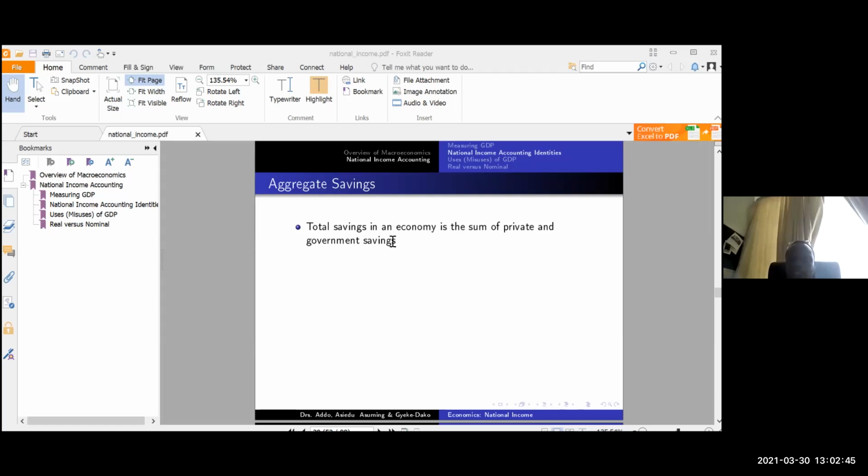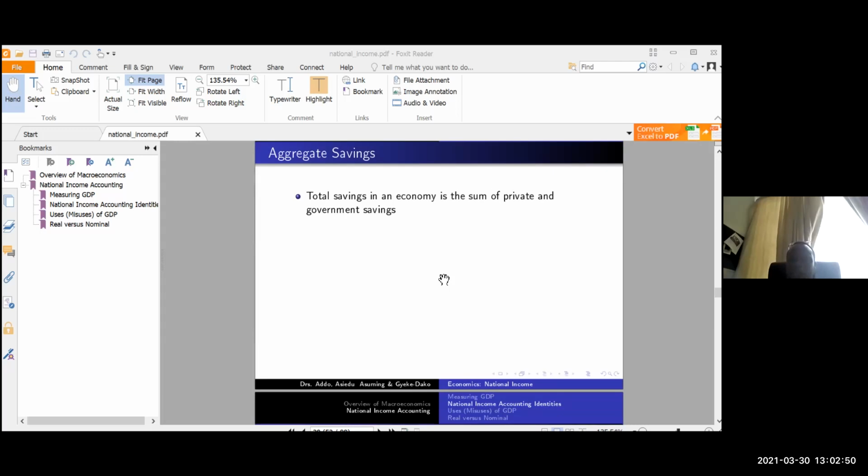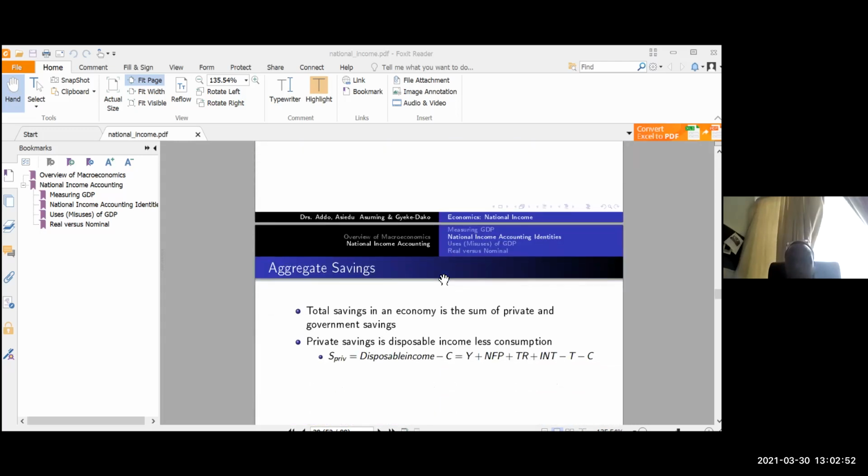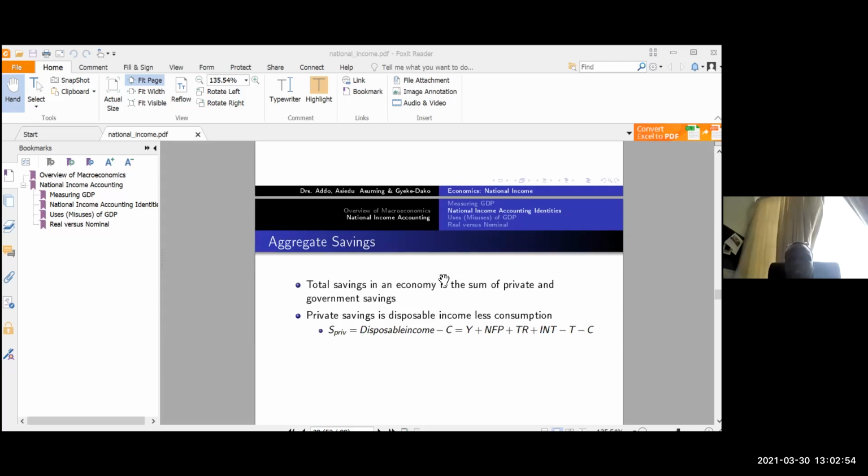The total savings up to this point, we are saying that is the sum of the private and government savings. So we can rewrite this. Okay. And private savings is disposable income less consumption. So your savings at the private level, or we as private people, not public government, our savings will be our disposable income, how much we have after taxes, minus our level of consumption.